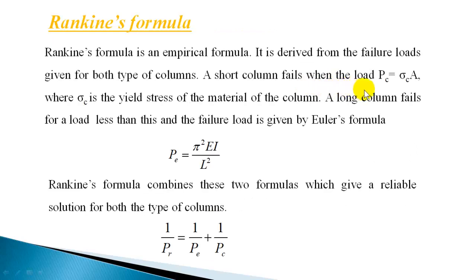The load at which the column fails due to crushing is given by Pc is equal to sigma c A, and this is applicable only for short columns, whereas long columns will fail at a much lower load compared to this load given by sigma c A. So for long columns, we have to use Euler's crippling load or buckling load, P is equal to pi square EI by L square. But for short columns, we cannot use Euler's crippling load, because it will give a higher load than the load at which the column actually fails due to crushing.